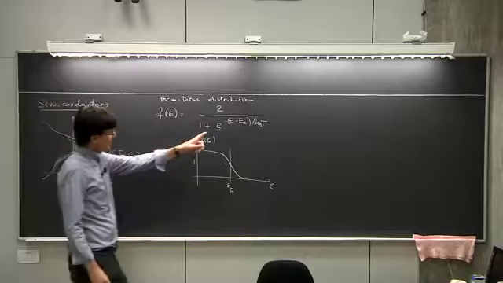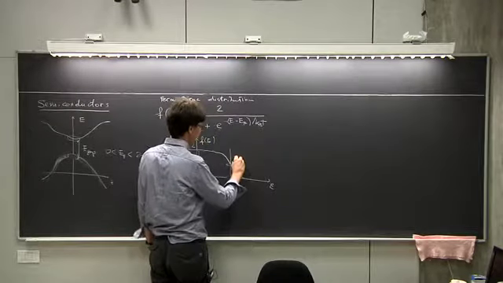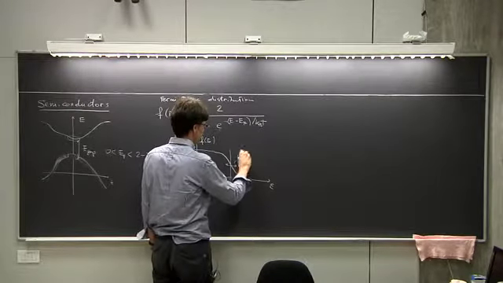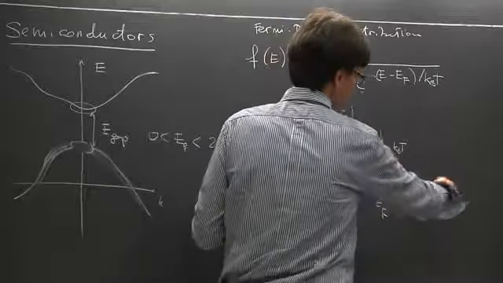And the other property of this function is that the width of this decay is of the order of kBT. So the larger the temperature, the broader the distribution.